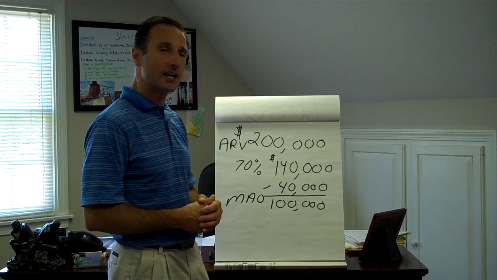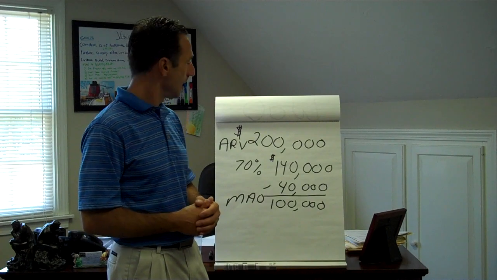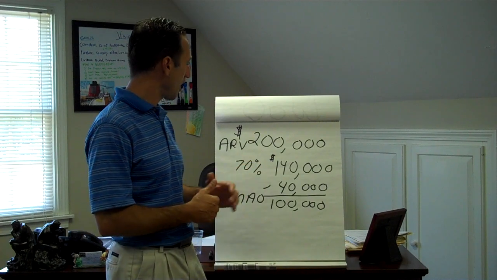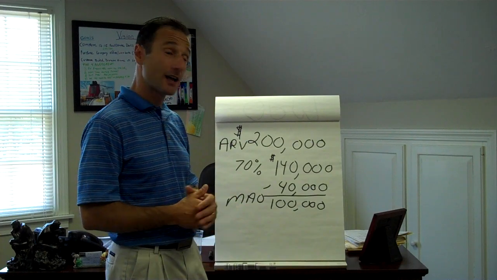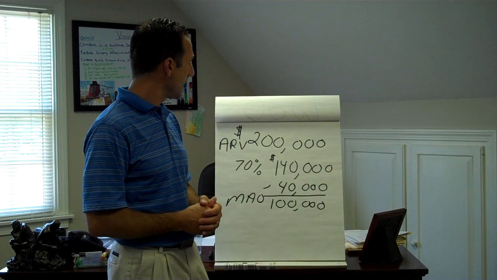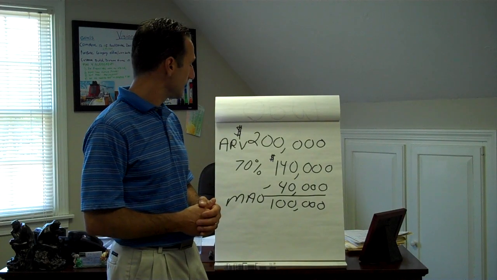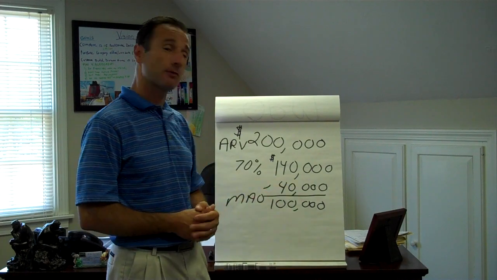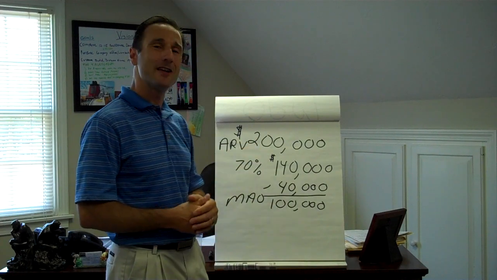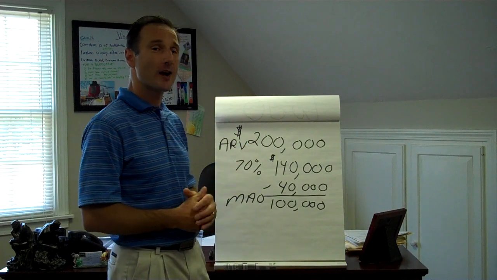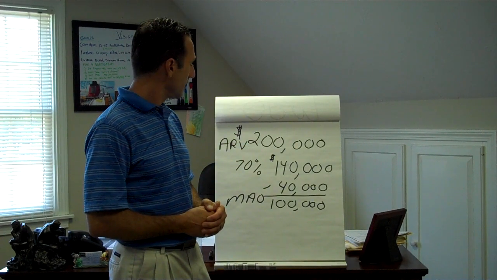More importantly, that gives you the spread, what I refer to as downside potential. If you bought this property and, minus your carrying costs, you're projecting a nice $40,000 return, and a couple of things go wrong, like the $40,000 in repairs ending up costing $50,000, or the market shifting so the $200,000 ARV only sells for $190,000, then you still have some room.